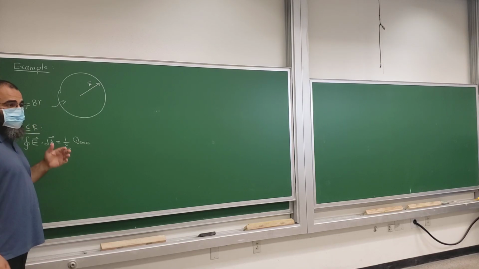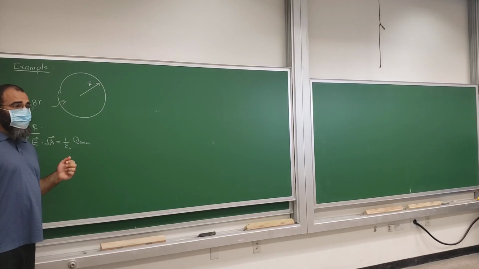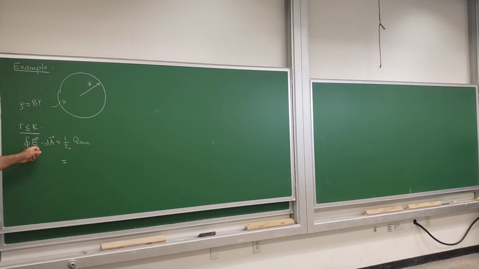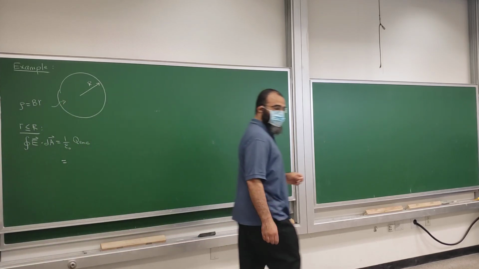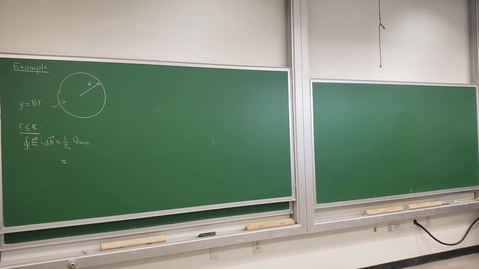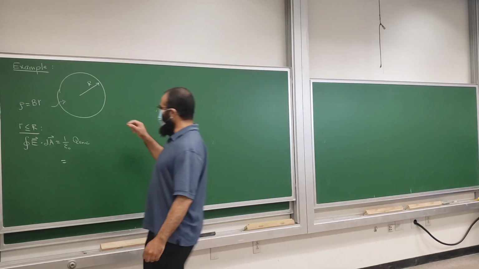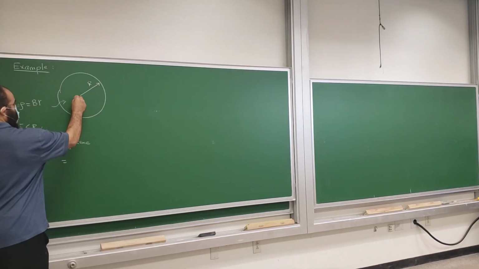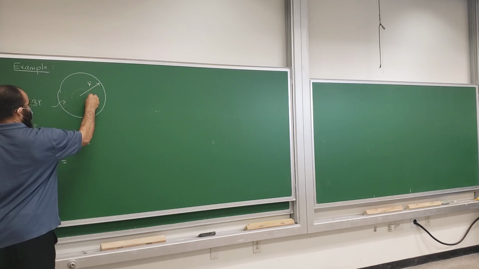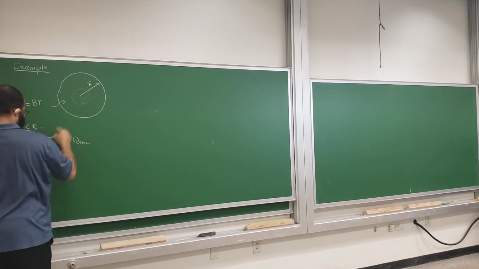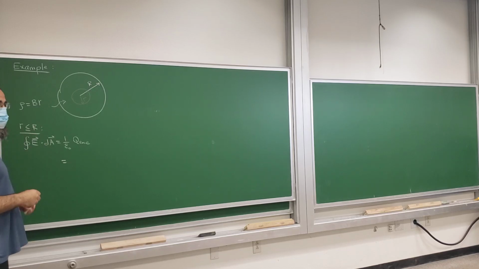So the electric field will still be radially outward, parallel to the area. For my Gaussian surface, I think we all agree it should be a sphere of radius little r, less than capital R.